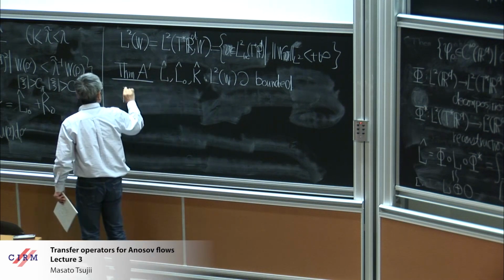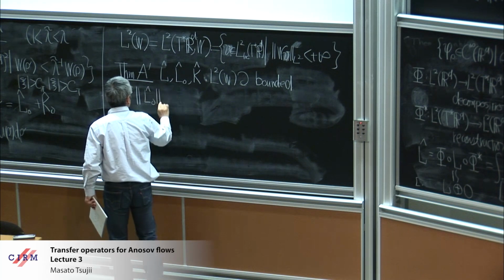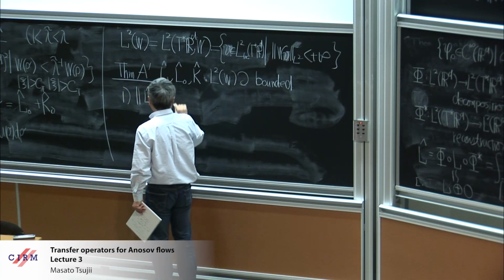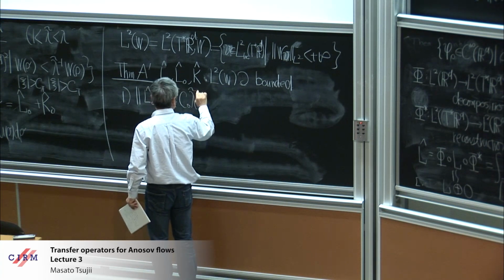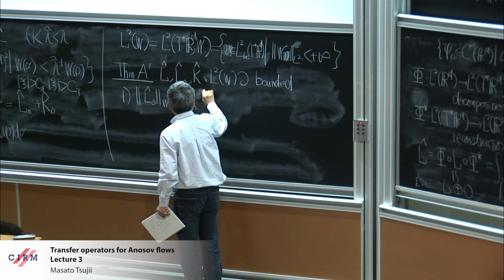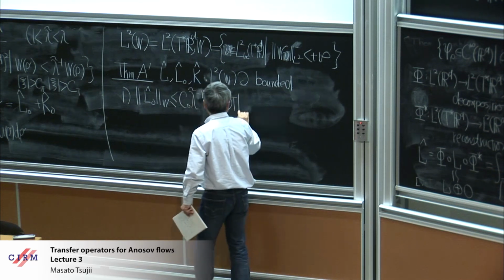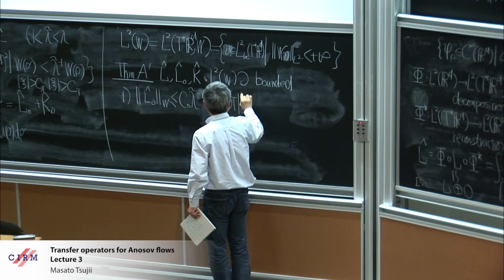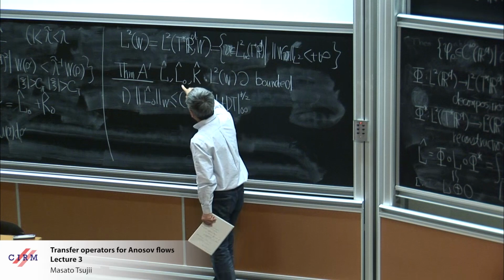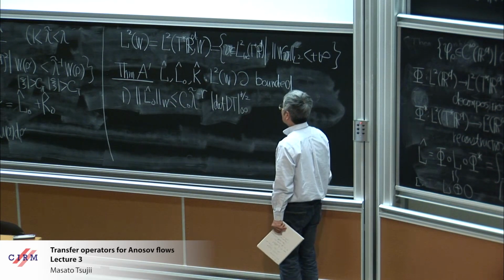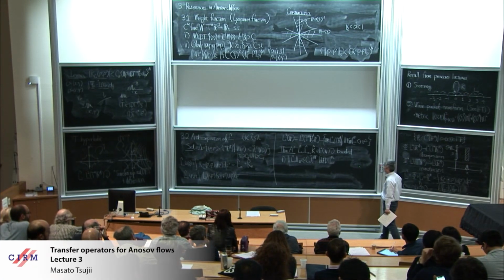And first, the operator norm of L0 hat is at most e to the minus R and the determinant of dt to the 1/2. So the part L0 has small norm because of the weight. So this is completely the same as the case of that matrix model.